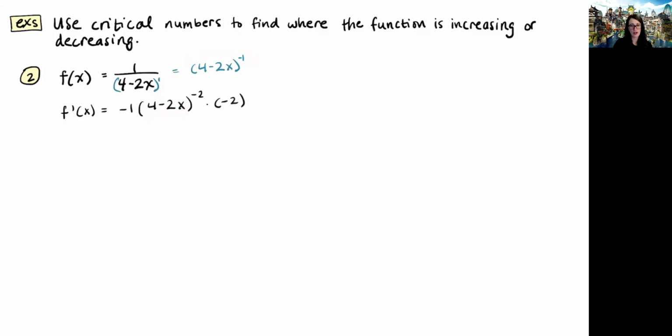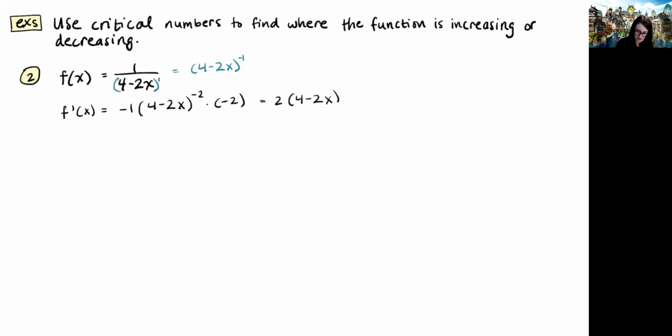Now we're going to want to work with this derivative, like use it for a purpose to tell us something. And so simplifying it is going to be something that we will appreciate in just a minute. So to simplify this, we can multiply this number out front with the derivative of the inside here. So -1 times -2, that's +2.